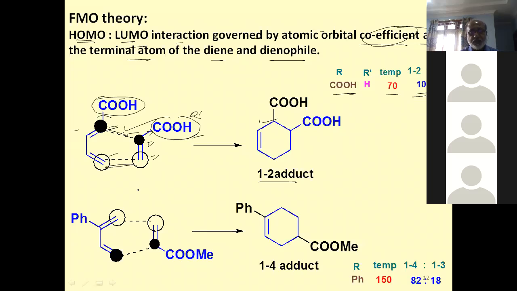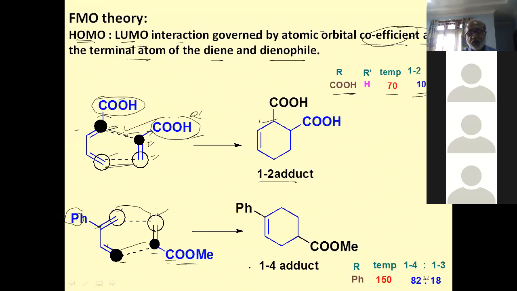Let us see the other side. If there is a substituent at this position, phenyl, this orbital size and this orbital size become equal, and this one becomes less, and this is also less because of the electron withdrawing group here. So now the overlapping will take place through this one with this one.